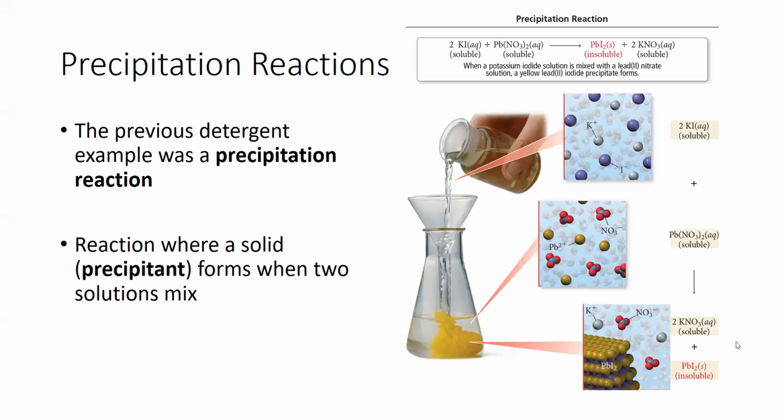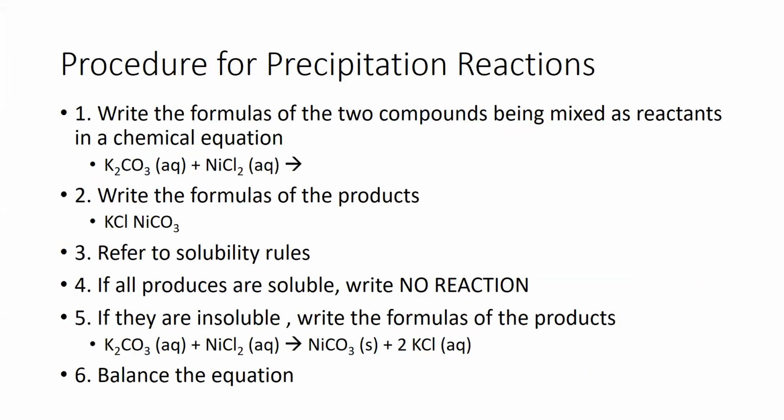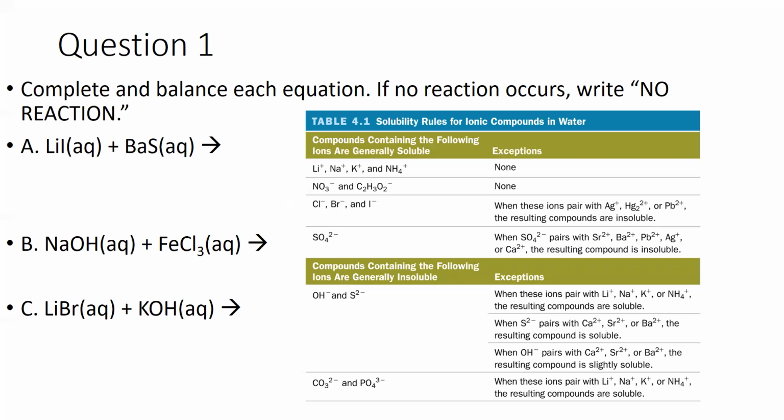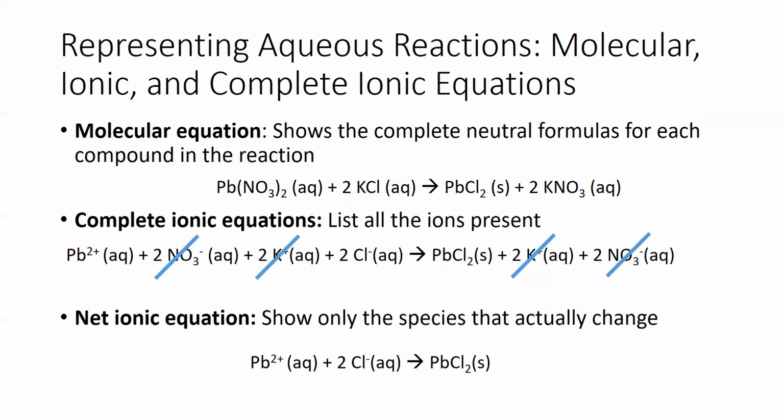In the last topic, well, first off, we were just talking about precipitation reactions and how to write them, where you just switch the cations around in each reaction. In the new molecule you make, you ask yourself, is that soluble? And based on our solubility rules, either we have a reaction, or if nothing is soluble, we have no reaction.